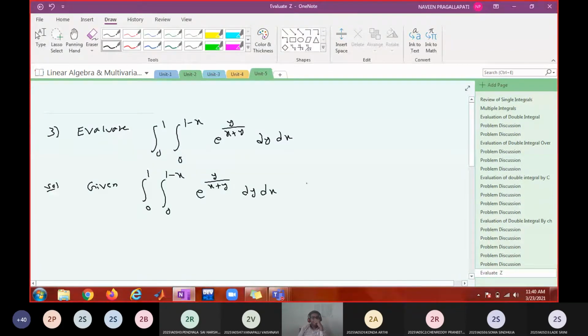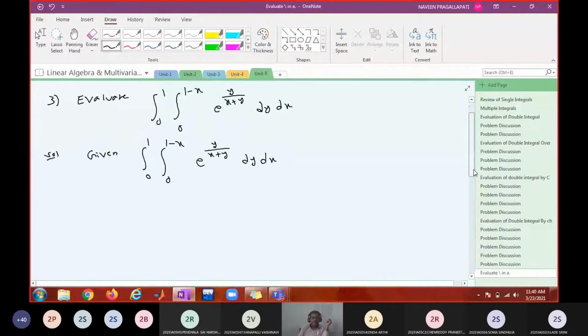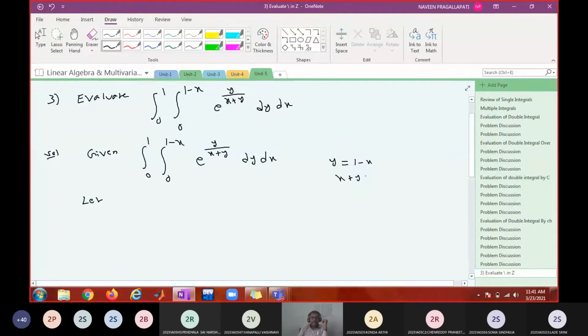Next, other one. That is natural, no? Because y limits are y equal to 0 to 1 minus x, so x plus y equal to 1. So naturally you may think x plus y equal to u as one substitution.